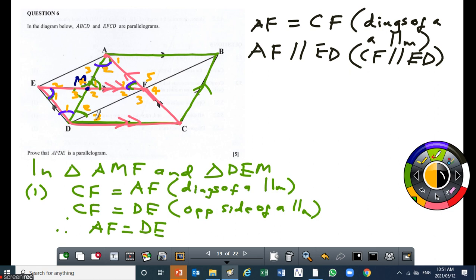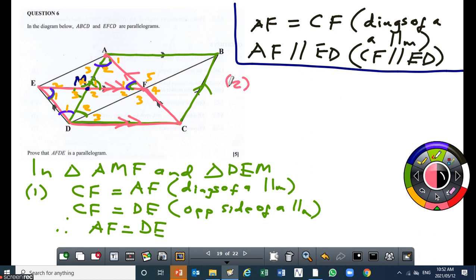So AMF, I'm going to say A2 is equal to D1. That's the next thing that I'm going to say. Allow me to do it on the same page, this is part of the solution. So let me use this color.